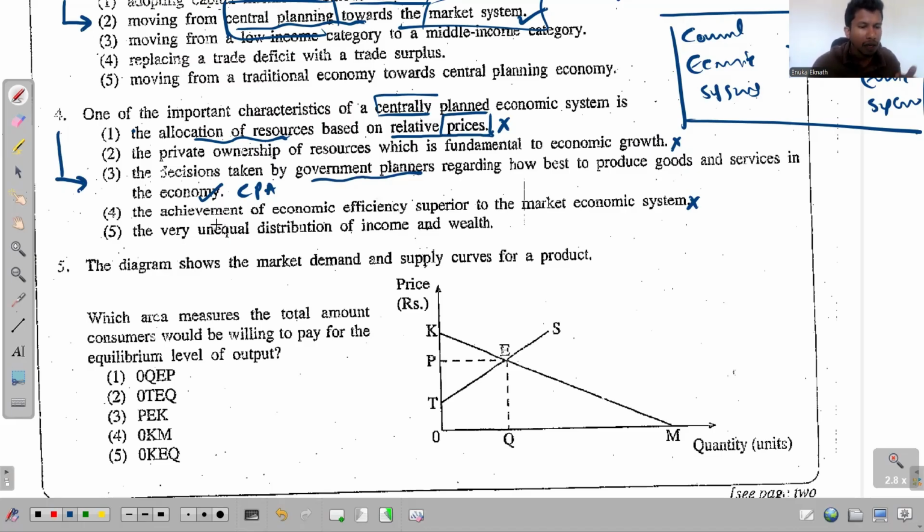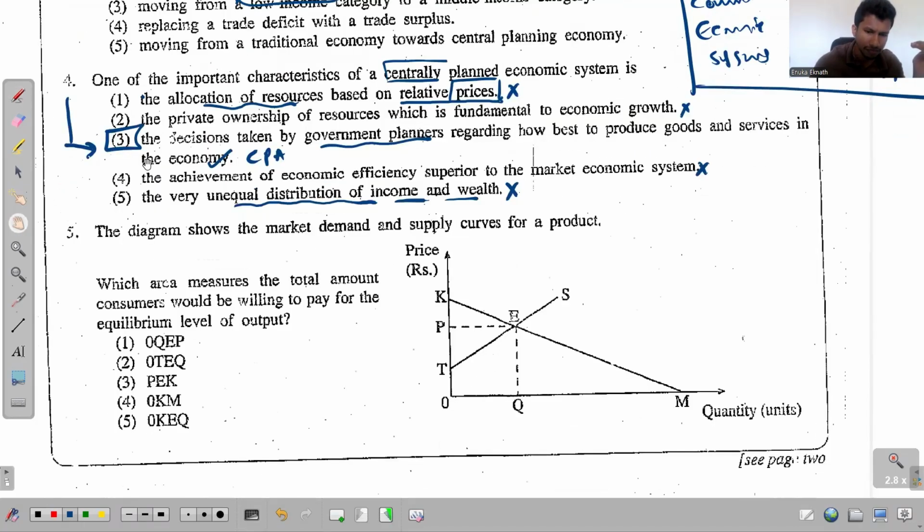The fifth one, very unequal distribution of income and wealth. No, theoretically we say a disparity in the income distribution is visible in market economic systems, not in centrally planned economic systems. So once again, the opposite is true. Right. So that's the answer. I mean, the third one is the answer for question number 4.